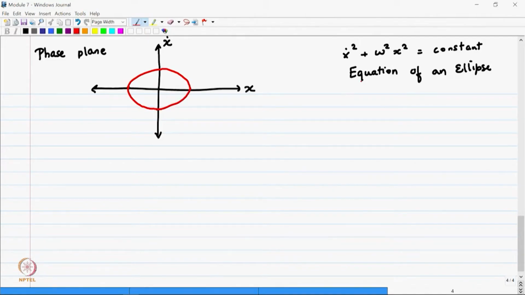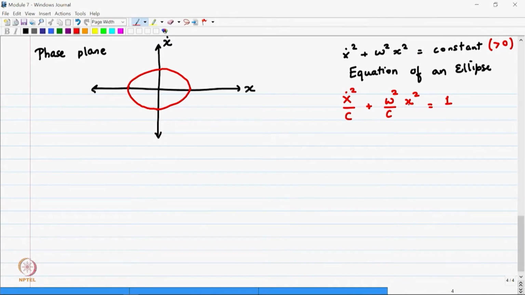Suppose c is a constant, then x dot square by c plus omega square by c x square equals 1. I should emphasize that the constant is strictly greater than 0, because this is a sum of squares and everything is a positive term here. So this is our equation for the ellipse.